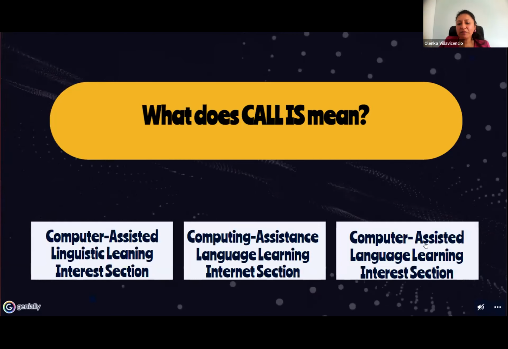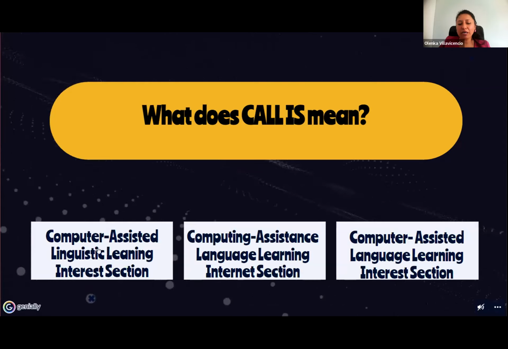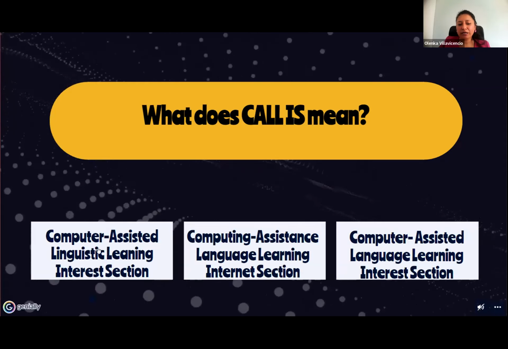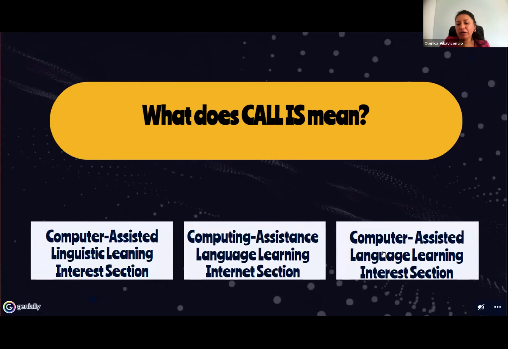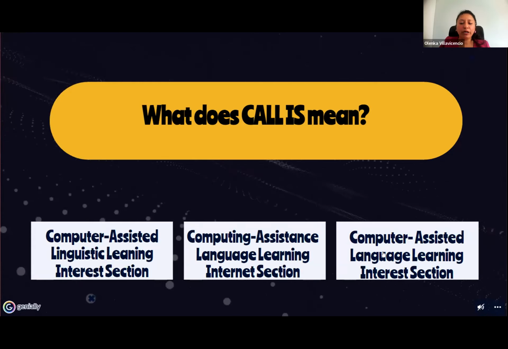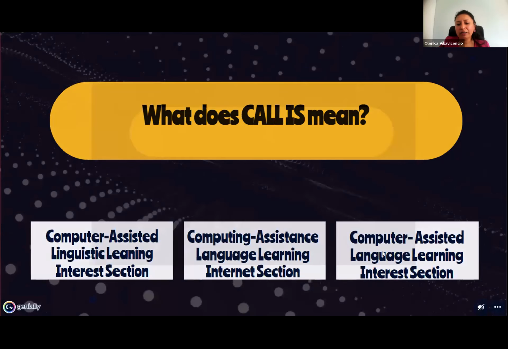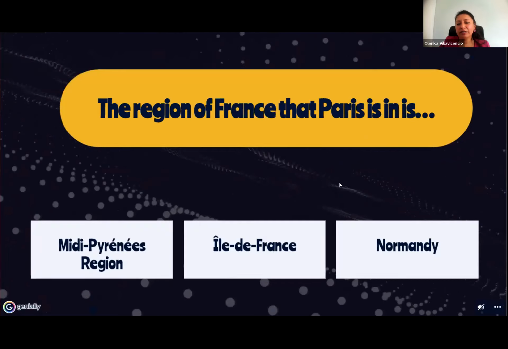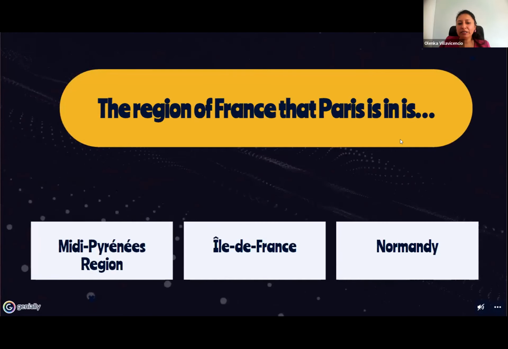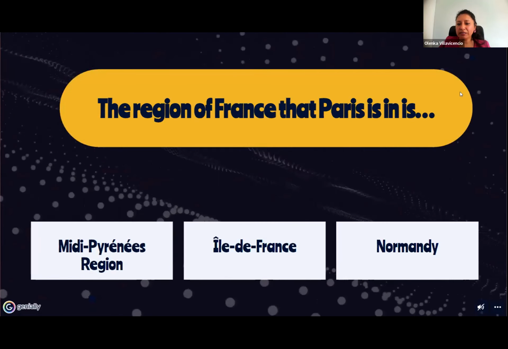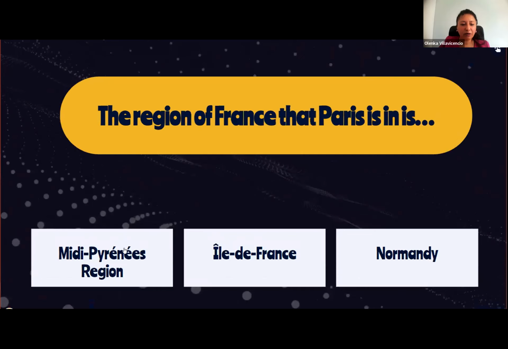What does colleagues mean? What do you think is here? Number 1, number 2, number 3. Maybe you put numbers, maybe you put another one. Okay, this depends on you here. Let me tell you, what is the region of France that Paris is in? Maybe some of you know? Maybe no, maybe yes.